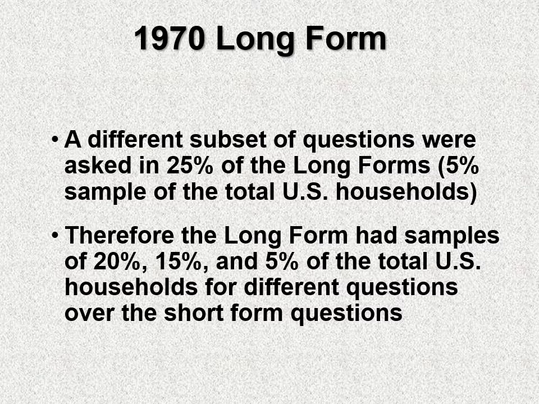So therefore, the long form had samples of 20%, 15%, and 5% of the total U.S. households for different questions over the short form questions. Kind of a complicated and ambitious approach to the census, and that generated a large number of administrative levels and handbooks and manuals and forms, etc., as you will see. It really amazed me at the amount of material that had to support all of this.